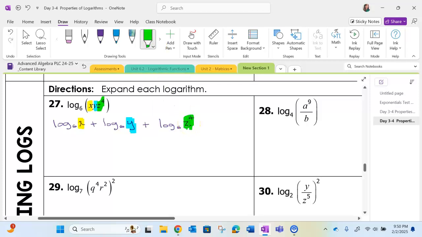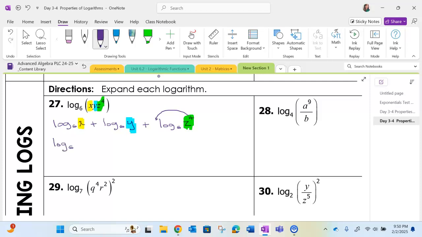And that's the third one. But we can never leave an exponent. So now I'm going to take the exponent and bring it to the front. So our final answer: log base 6 of x plus log base 6 of y plus 4 log base 6 of z. This is my final answer.